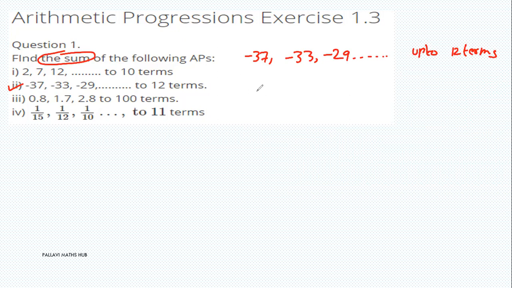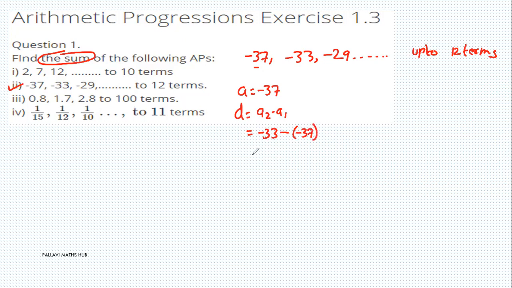Same, write down the value of A is equal to how much? A is equal to minus 37. D is equal to A2 minus A1, the second term minus the first term. The second term is minus 33 minus the first term, which is minus 37.